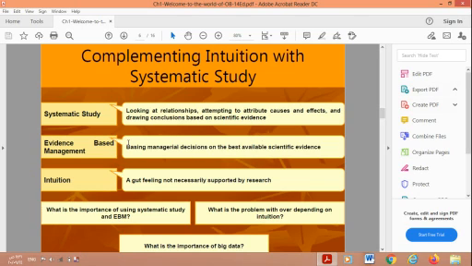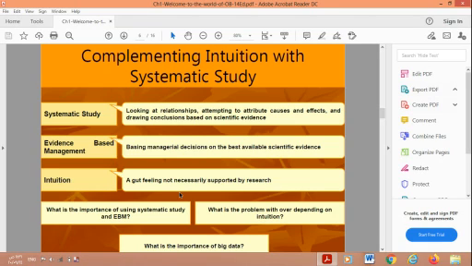So we are depending on accurate information and data. Evidence-based management is basing managerial decisions on the best available scientific evidence. Intuition is a gut feeling, not necessarily supported by research, so it does not depend on a systematic way to judge or study the behavior of employees.